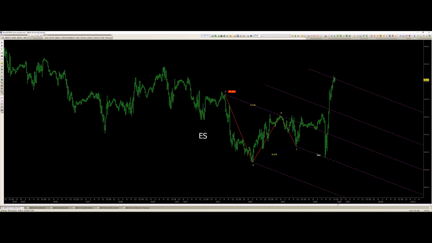So the reason I wanted to show the chart is twofold. One is showing you how the geometry plays out over time. Even though we made a lower low than yesterday's low, you can see that this was a false break. So there's that, the geometry and how it plays out.